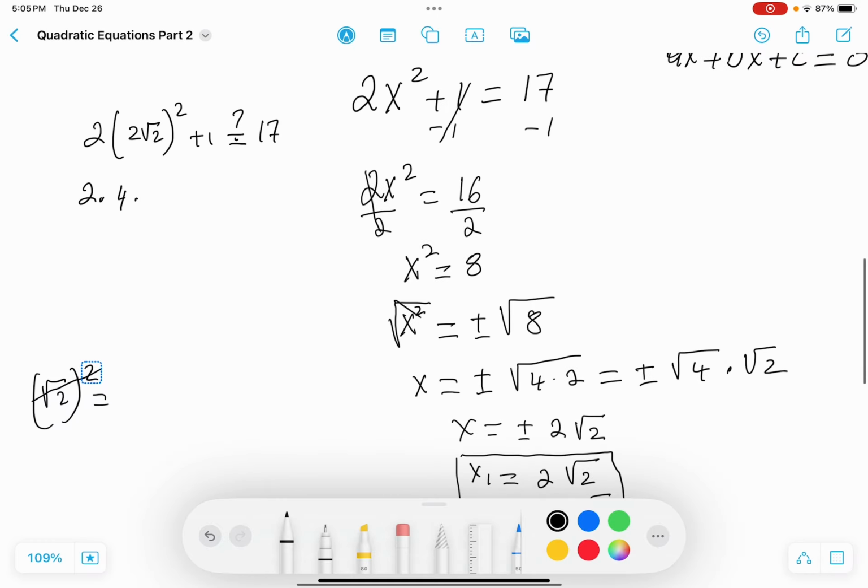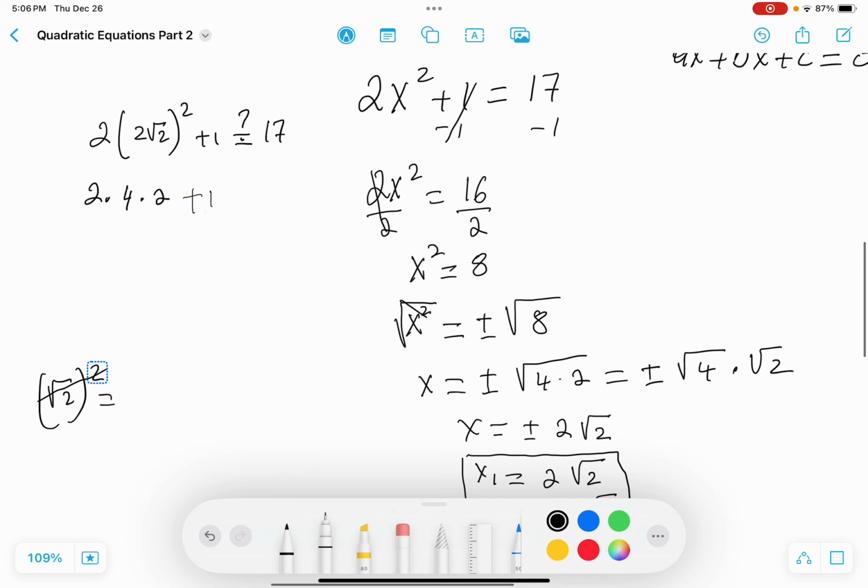So 4 times 2, this is what I got from the parentheses, plus 1. Is that equal to 17? We'll see. 2 times 4 is 8, times 2 is 16.